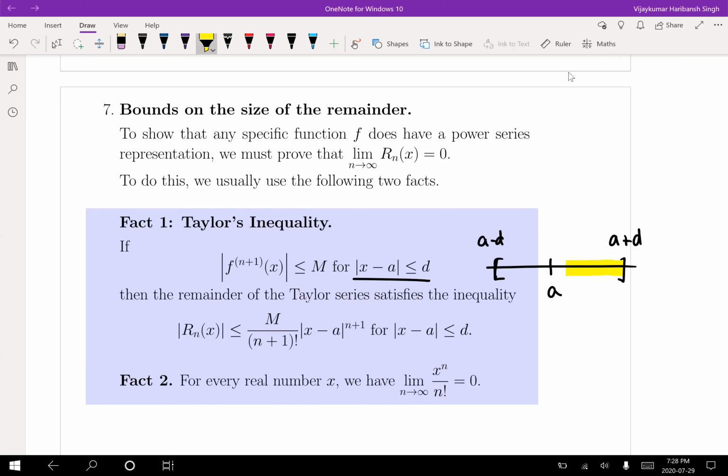Suppose for all these points you have |f^(n+1)| less than or equal to M. Then the remainder is bounded by |Rn(x)| less than or equal to M upon (n+1) factorial times |x - a| to the power n+1, for all |x - a| less than or equal to d, or for all x coming from this region here.